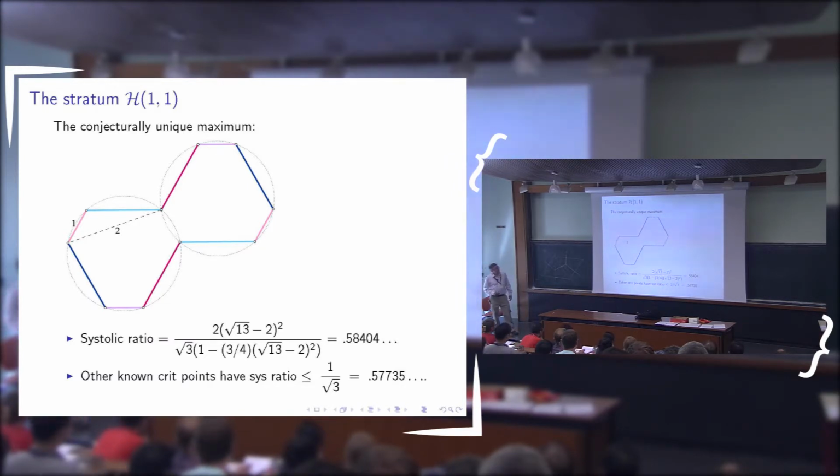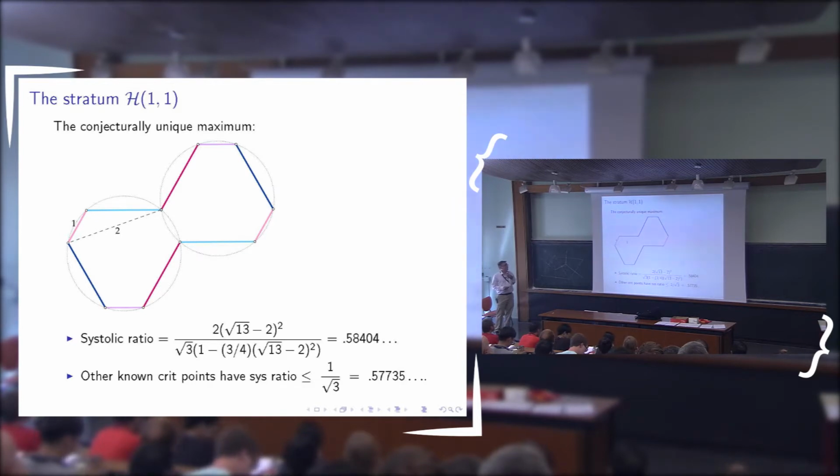There's a circle here, and these polygons are circumscribed by those circles. This edge length is 1, and that edge length is 2. That determines the entire picture. It's not a regular hexagon on either side; it's a little twisted from a regular hexagon. And we conjecture this has the unique maximum.